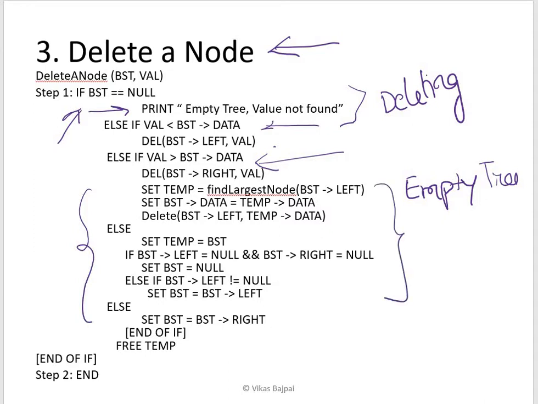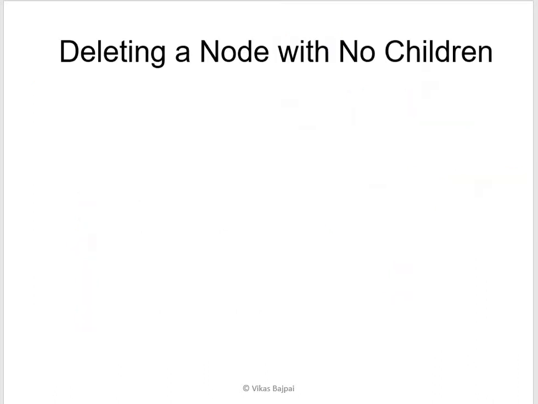So to start with, we have deleting a node that has no children, right? Deleting a node that has no children. And by this condition, we can also say that we are going to delete a particular leaf node. That is also a possibility, right?